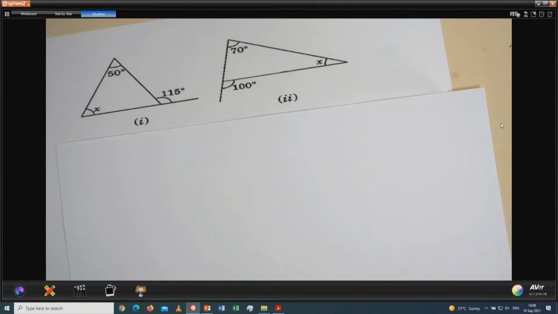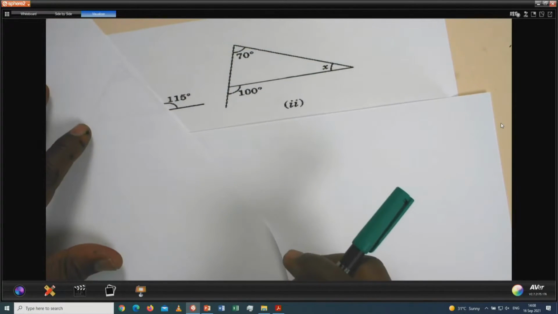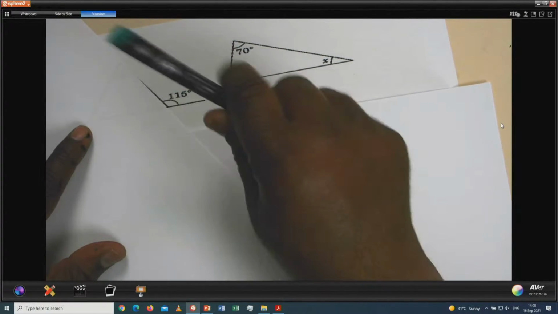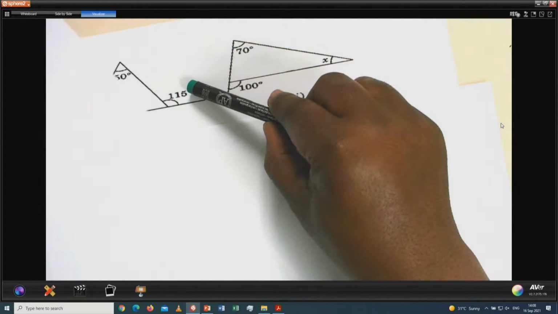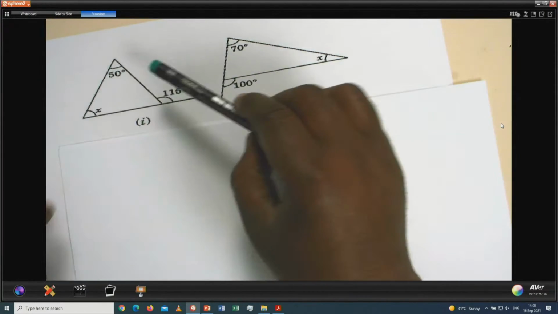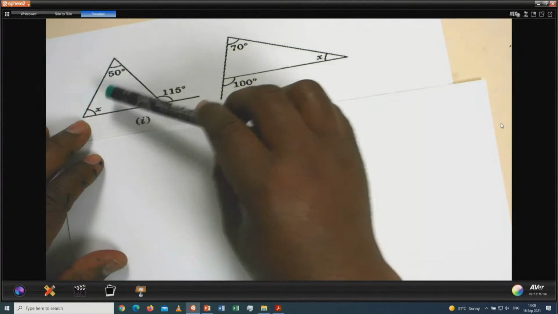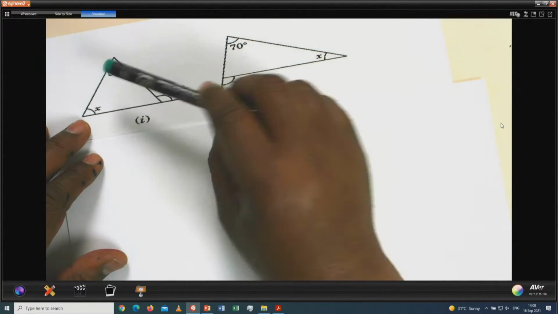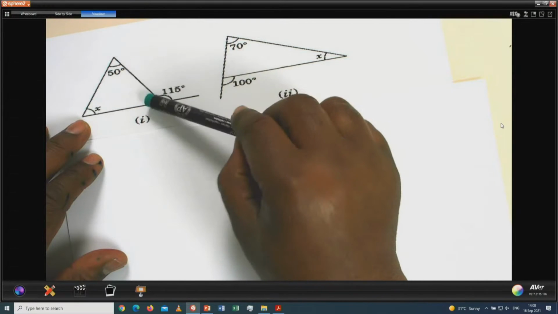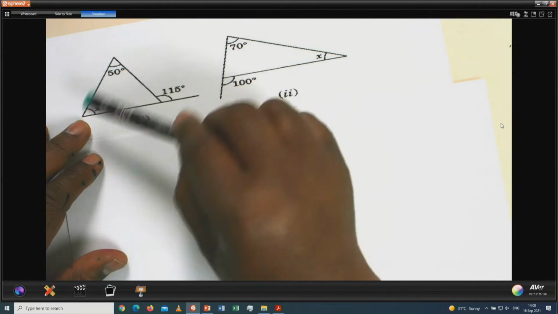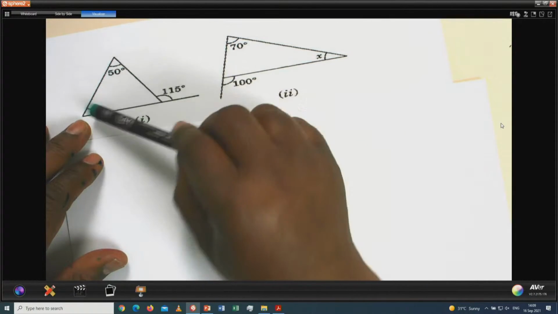It's outside the triangle. Exterior equals the two interior opposite, not adjacent, opposite. You're excluding the adjacent one, so be careful.